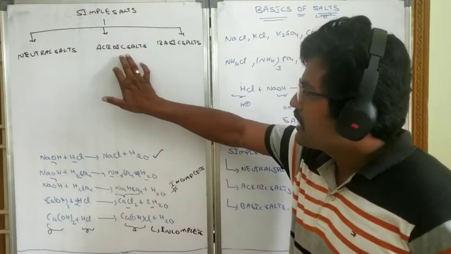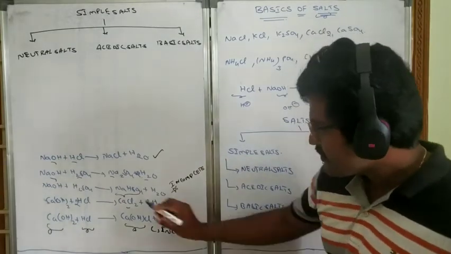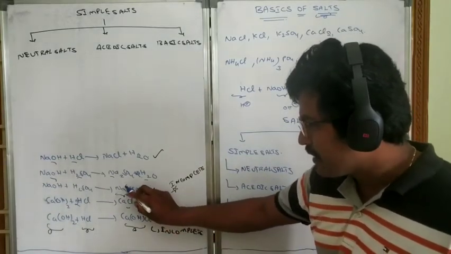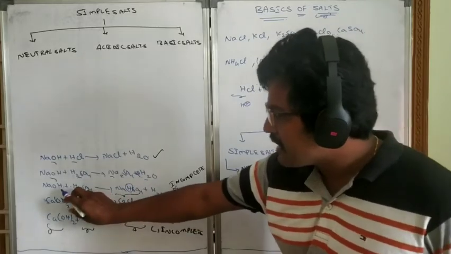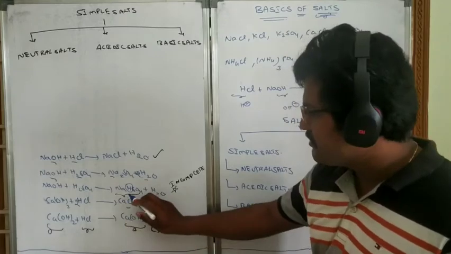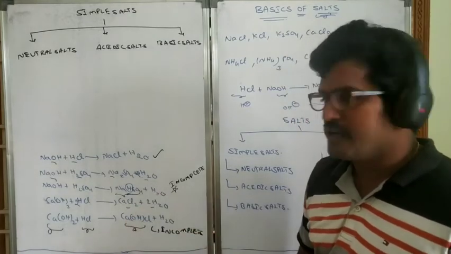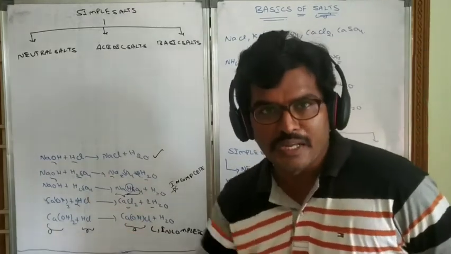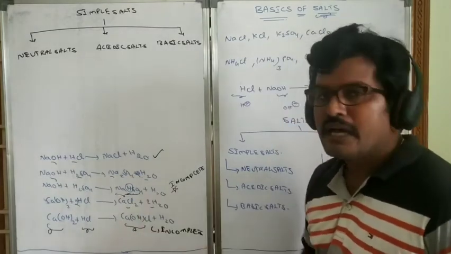But here you see acidic salts. Here you see NaHSO4. This is formed by incomplete neutralization of acid with base. That's why they will have some H plus ions in them that can be donated. That's why they behave as acids.